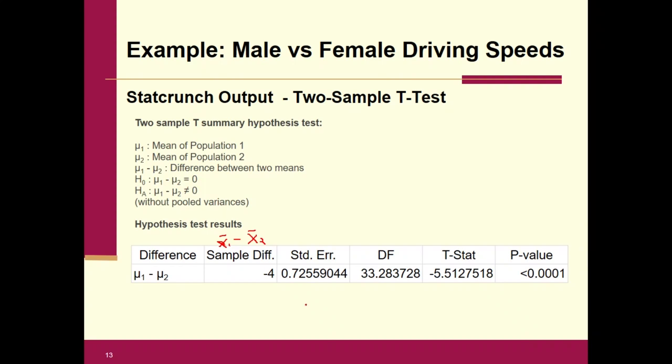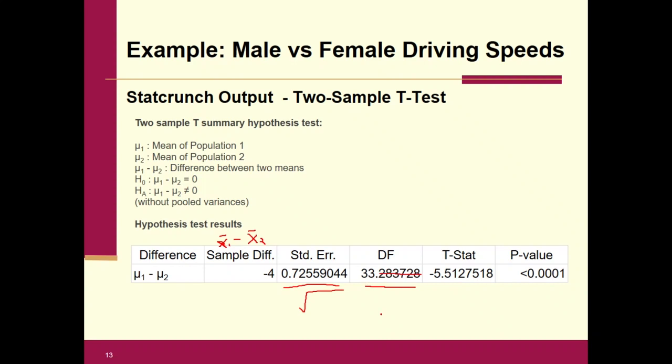Okay, so here's the standard error. It's already been calculated for us. That would be that big old square root stuff. Degrees of freedom. Notice the degrees of freedom actually turn into a bunch of decimals. Minitab dropped the decimals. Basically, we have 33 degrees of freedom.